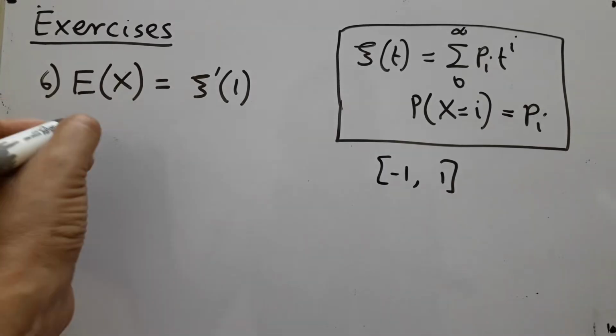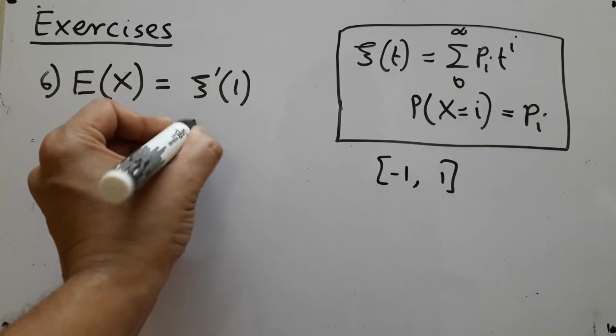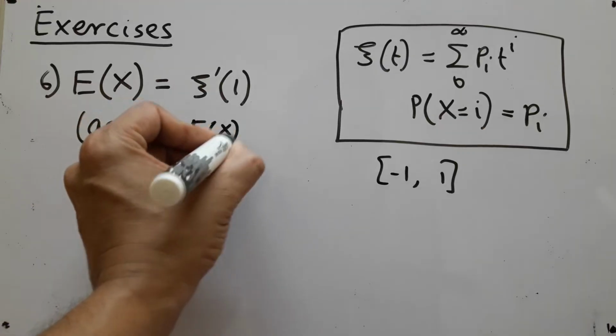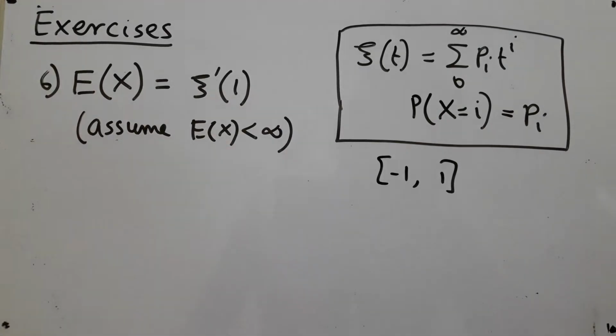And I can also give you that assumption that you can assume that expected value of X here is finite. This is a non-negative random variable, so it can never become infinite or do oscillation and things like that. So I tell you that it exists finitely.